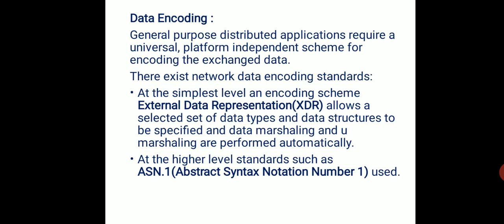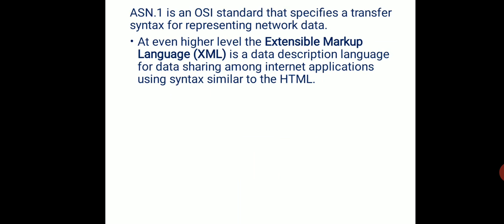At a higher level, standards such as ASN.1, abstract syntax notation number 1, are used. ASN.1 is an OSI standard that specifies a transfer syntax for representing network data. At an even higher level, XML, extensible markup language, is used. XML is a data description language for data sharing among internet applications, using syntax similar to HTML.